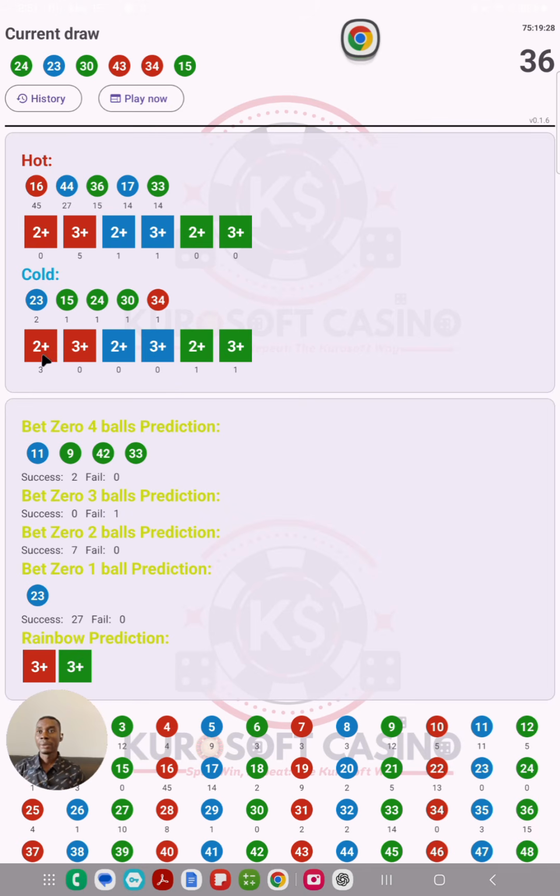You can see red is on a positive trend now, while blue is recording 0 and green is recording 1.